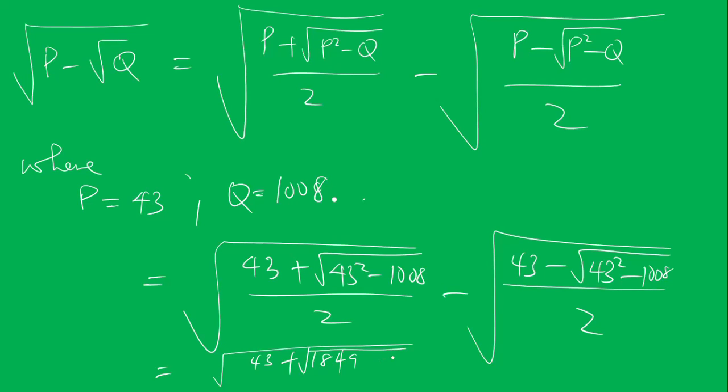So the square root of 1849 minus 1008 divided by 2, minus the square root of 43 minus the square root of 1849 minus 1008 divided by 2.